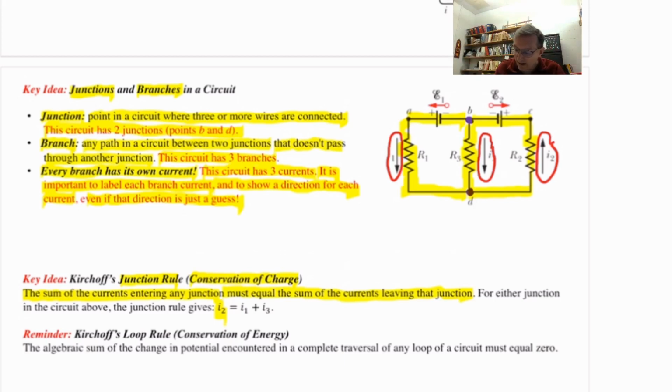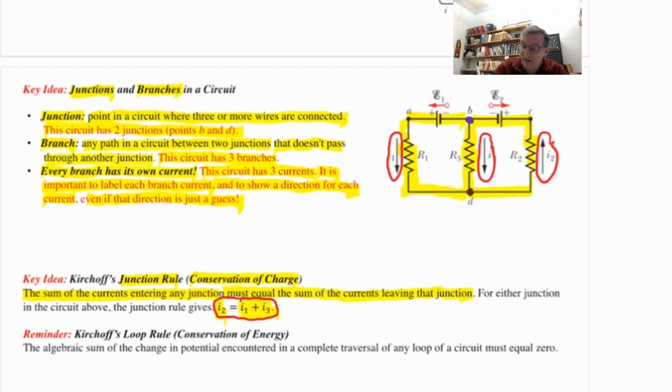So the total current leaving junction B is I1 plus I3. So the junction rule says that I2 for this circuit must equal I1 plus I3. The total current entering the junction must equal the total current leaving.